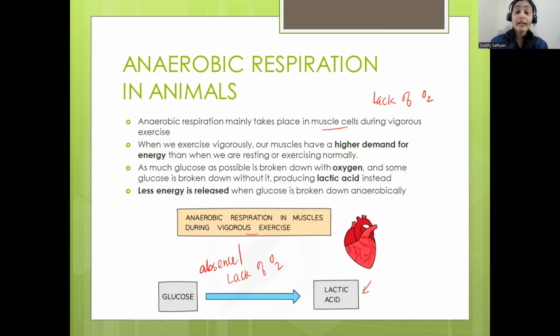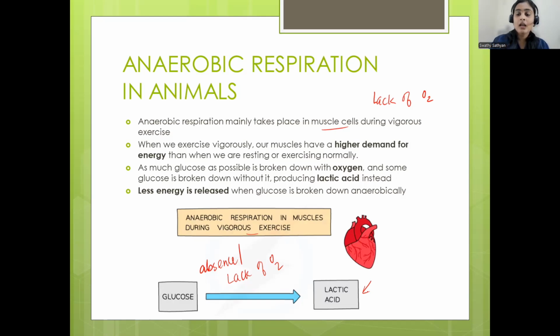We feel some pain. That is because of the presence of this lactic acid, like muscle cramps. So it is mainly because of the presence of lactic acid that we feel the muscle cramps while doing this vigorous exercise. In that case, anaerobic respiration is happening.